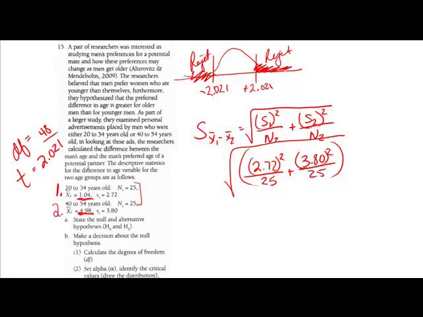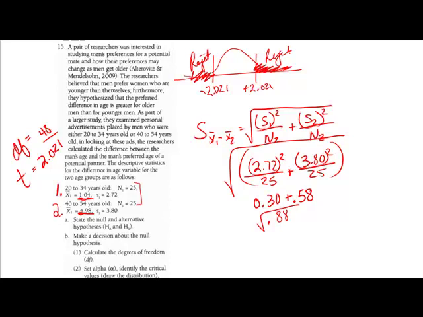2.72 squared divided by 25. 0.2959. So 2.96, let's call that 0.30. 3.8 squared, and then divided by 25. 0.5776, let's call that 0.58. 0.58 plus 0.30 is 0.88.